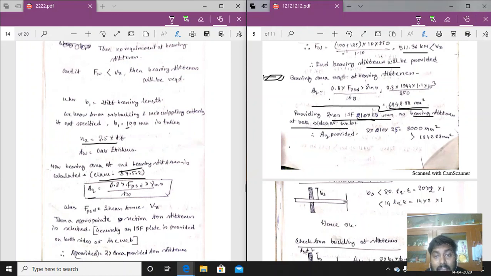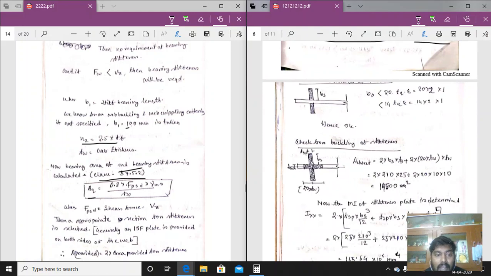So total area provided will be equal to 210 into 25 into 2, because two bearing stiffeners, two plates are there. So 10,500 millimeter square we are getting, which is much higher than the value required, 6842. So this criteria is satisfied.